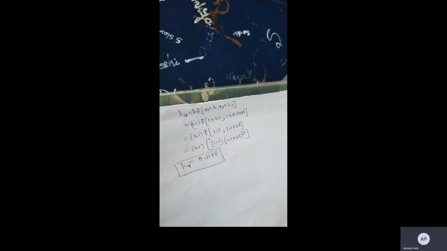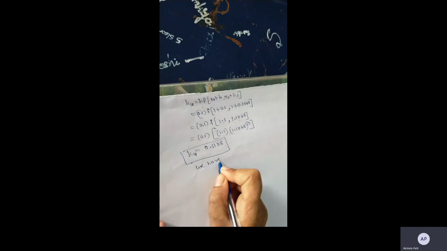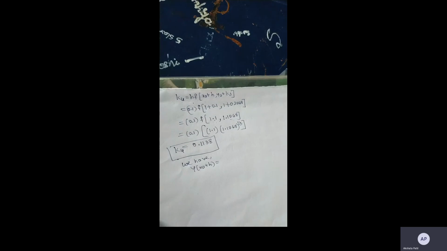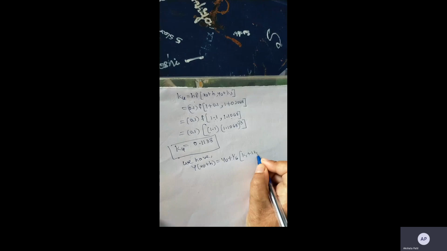Now, after calculating K1, K2, K3 and K4, substitute all these values in y of x naught plus h and calculate the y of 1.1 value. Okay, so we have the y of x naught plus h formula, which is y naught plus 1 by 6 into k1 plus 2k2 plus 2k3 plus k4.